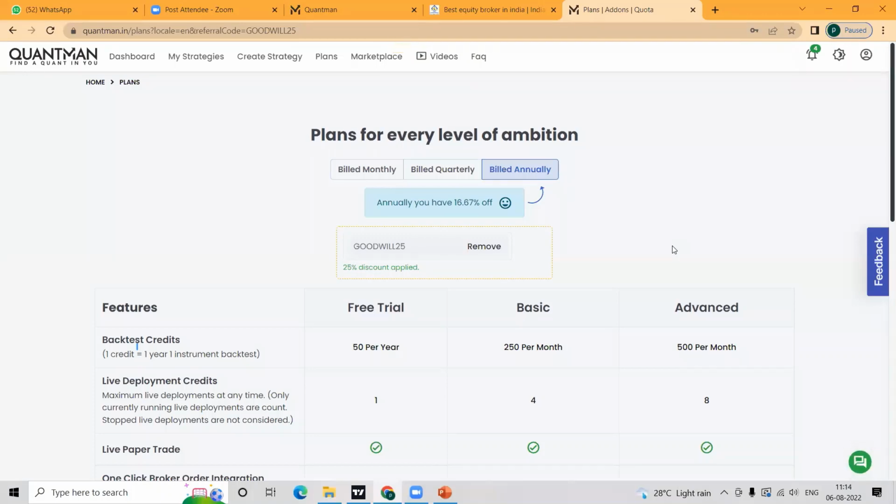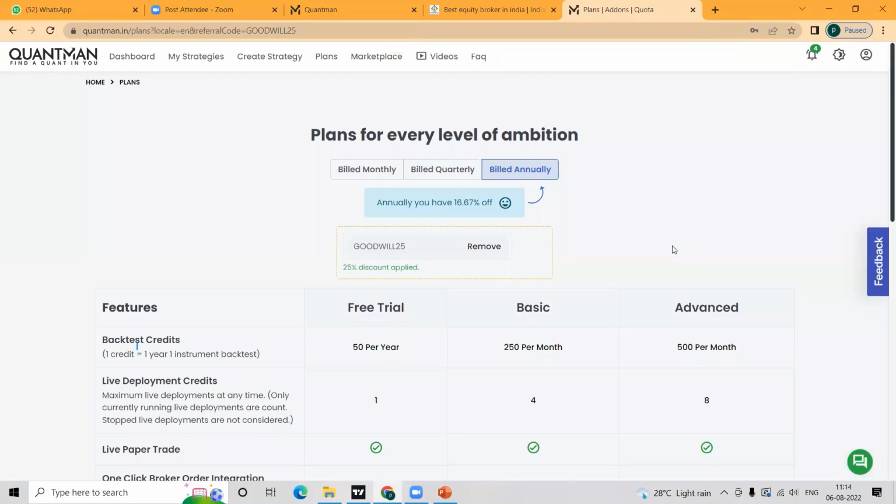Before starting the session, I wanted to know how many of you are coming from an options selling background and how many from an options buying background. That is the way I will show how we can do all these things. Please type in the chat.